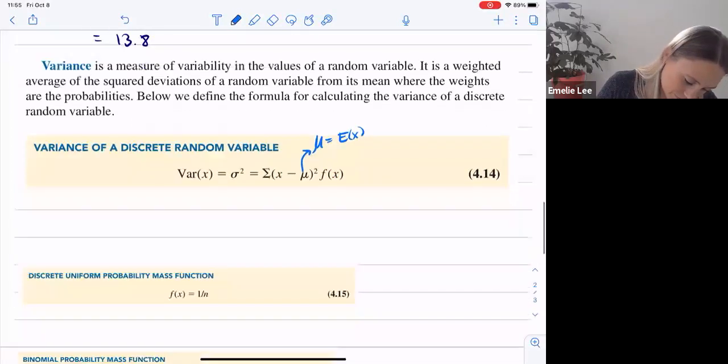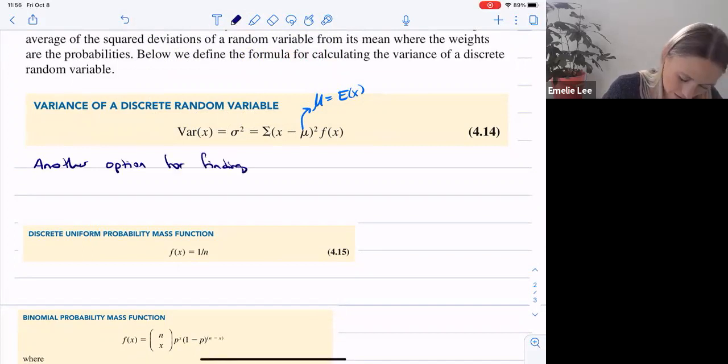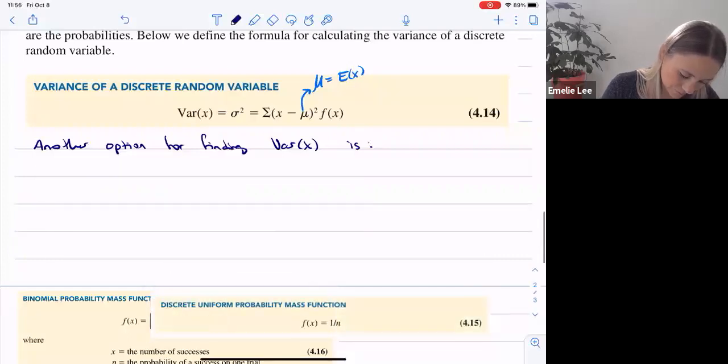So another option for finding the variance of x is this. Let me just move this down here.